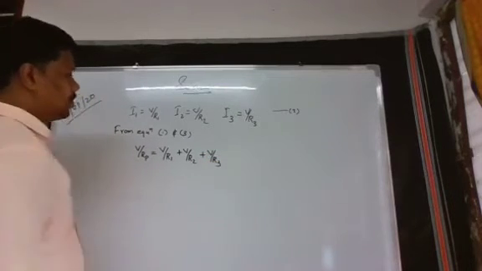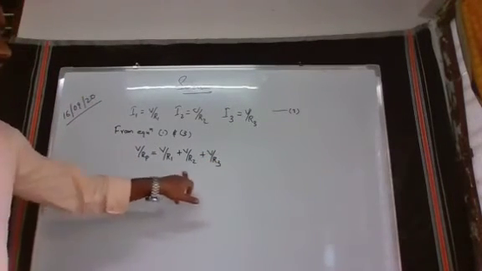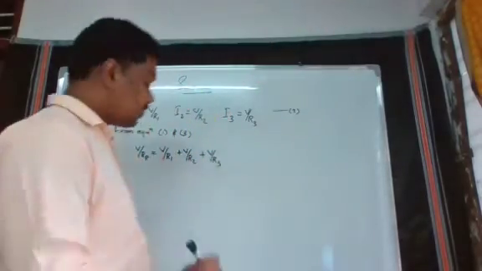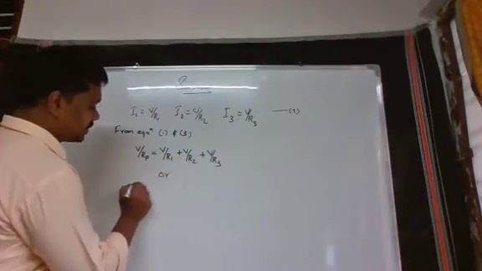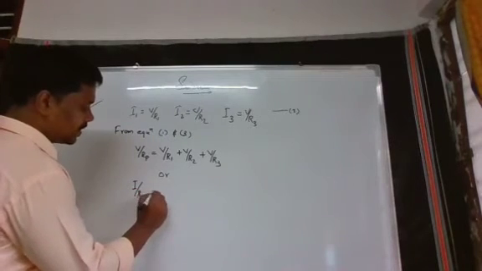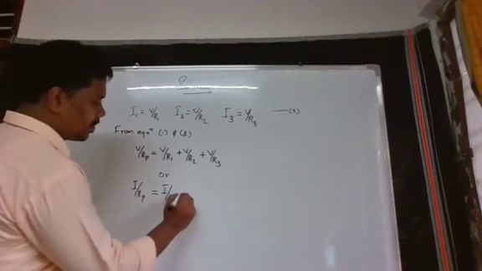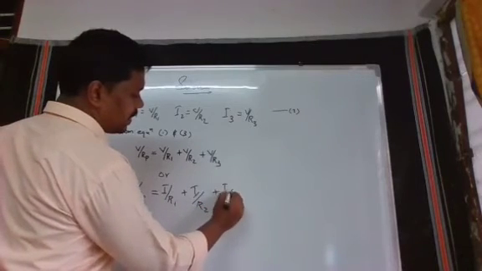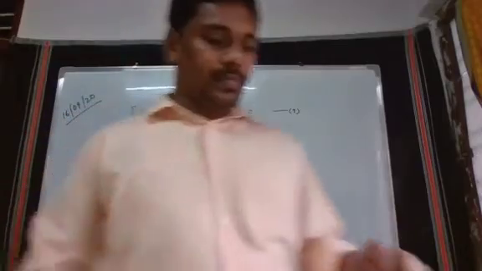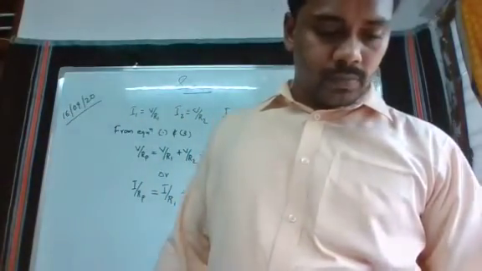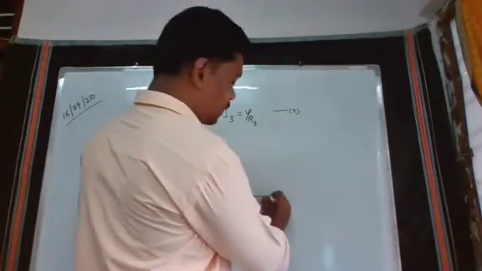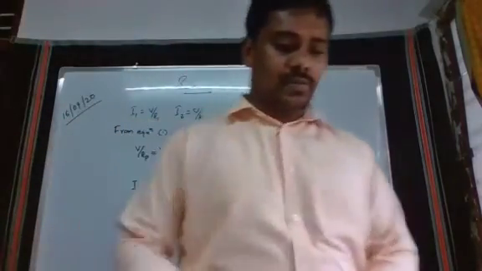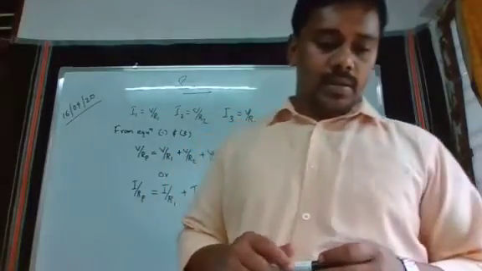Or we will get I by RP is equal to I by R1 plus I by R2 plus I by R3. This is equation 4.